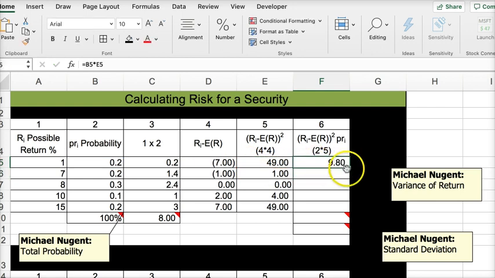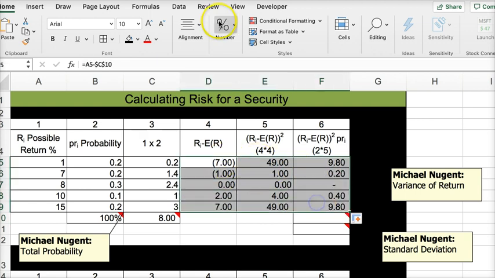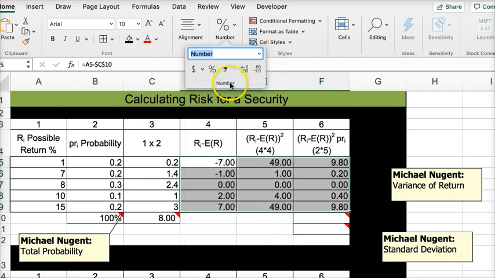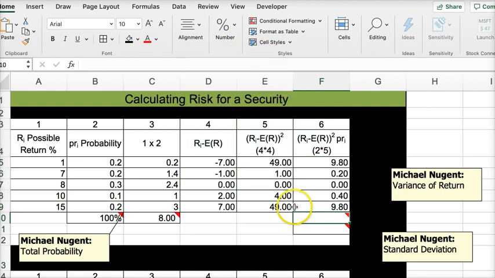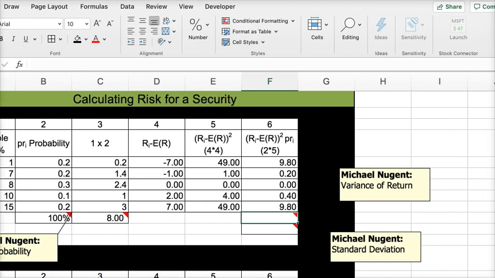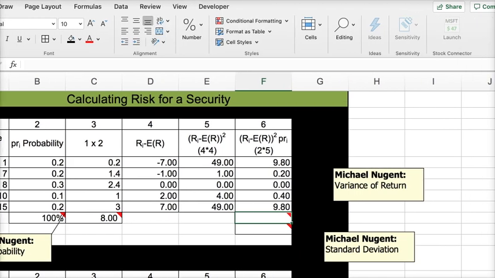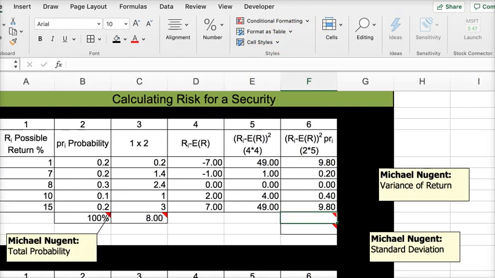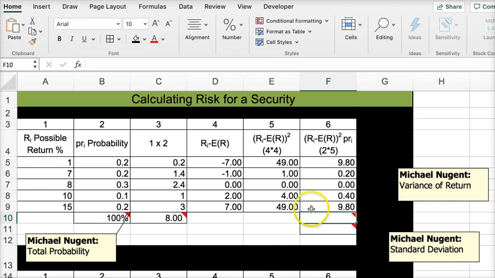Okay, and I'll just pull this down, and now I find the sum of this column. Because this is truncated here, I'm missing my summation key, so I'll have to go with the formula.